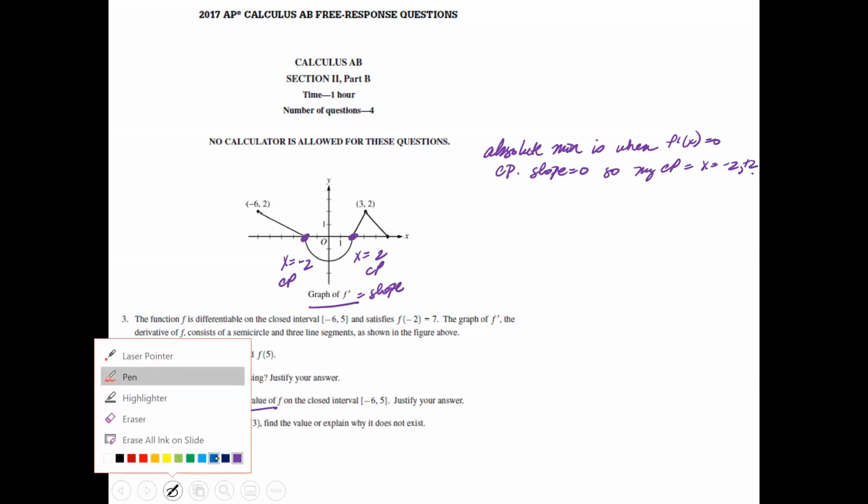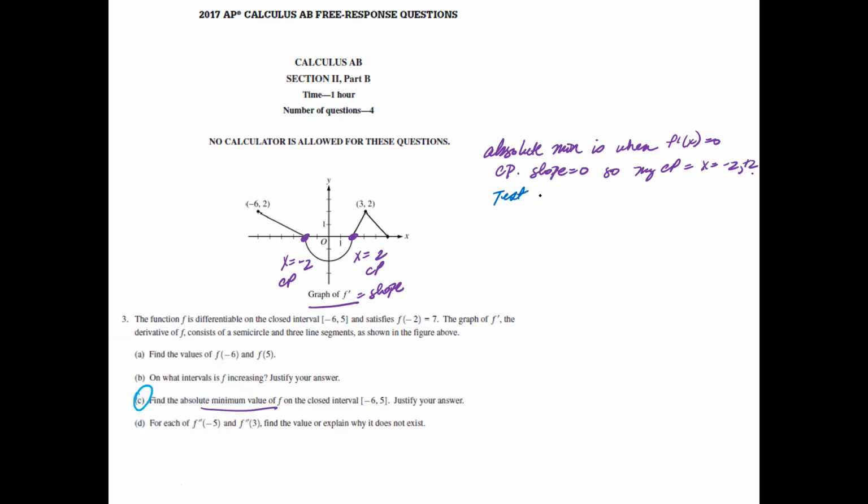But in addition, you also have to test your endpoints. Your endpoints in this situation are x equals -6 and x equals +5, because it's very possible that in the snapshot of the graph your endpoints are also going to be part of the minimum. The best way to do this, in my opinion, is if you just create a table. So here's my table, with x and f of x.